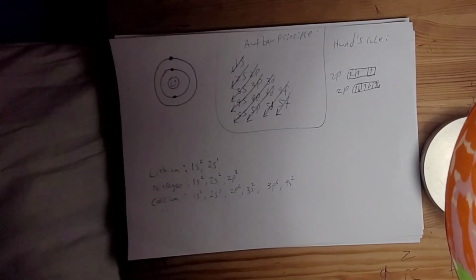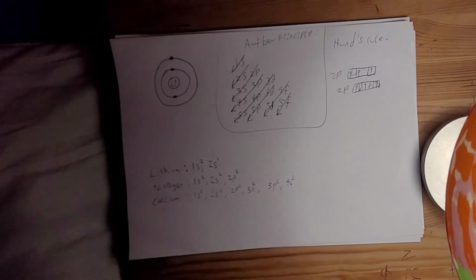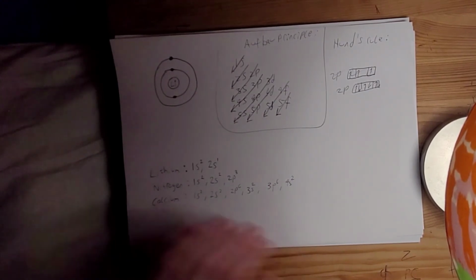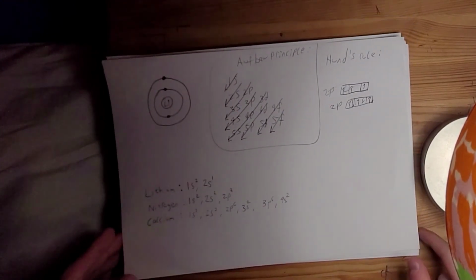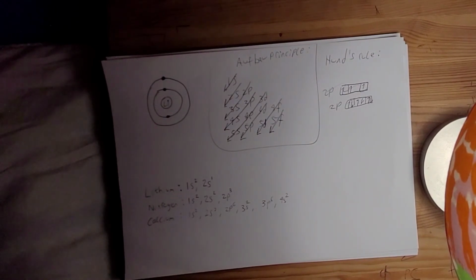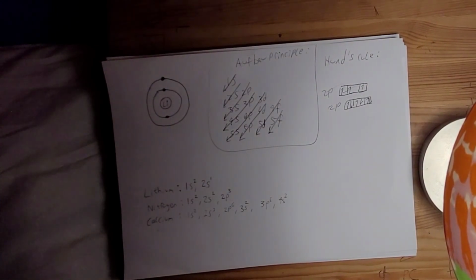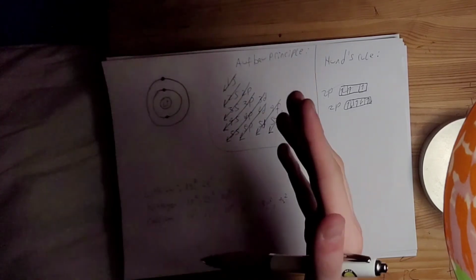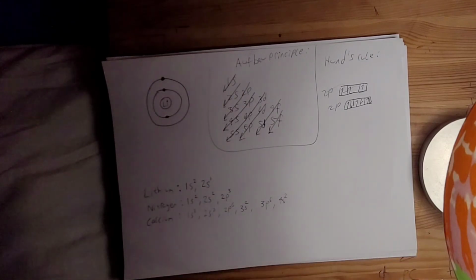That might seem long-winded to write all of that out. You can also condense that. You can reference the last noble gas, which is the vertical column of elements rightmost in the periodic table.